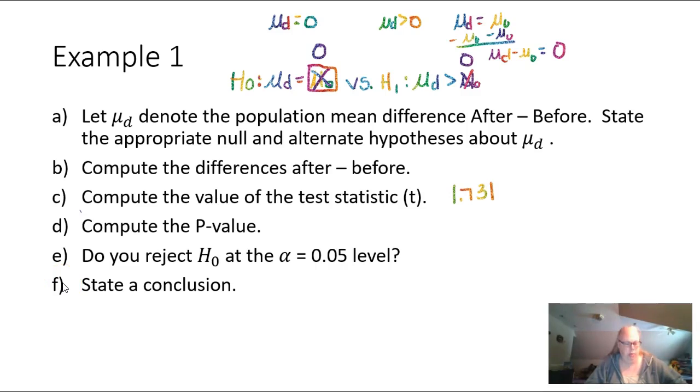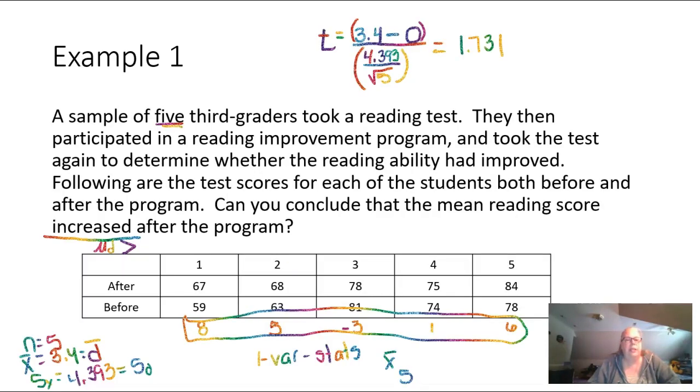All right, we want to compute our p-value. The p-value we conveniently can get from the ALEKS calculator, but first of all, we need to understand that we will be running a t-test on this calculator because we had to use the standard deviation from a sample. We did not know the population standard deviation.